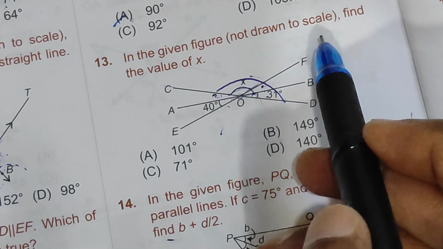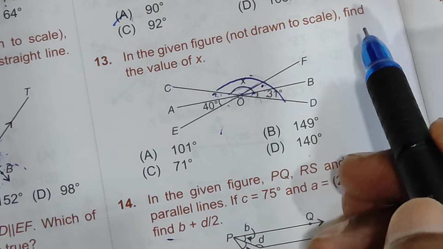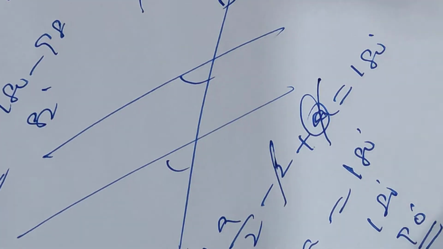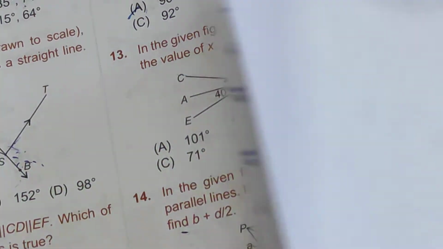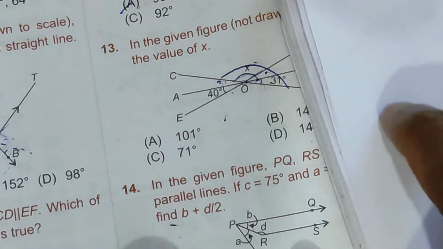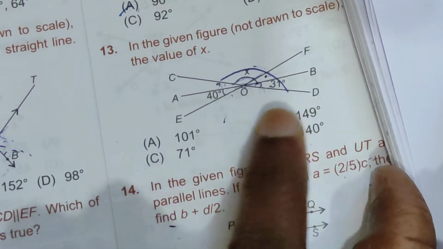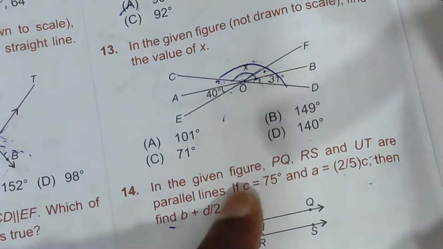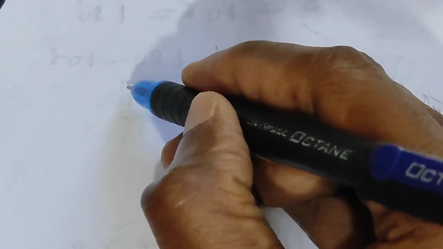In the given figure, find out the value of X. I'll draw this one and explain how to find out the value of X. If you observe, AB is a straight line, and EF and CD are intersecting each other. This is the center point.